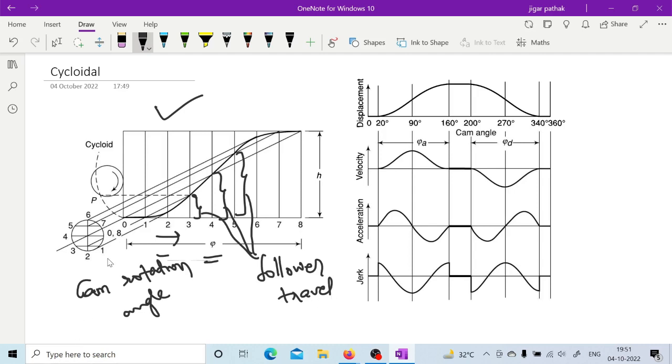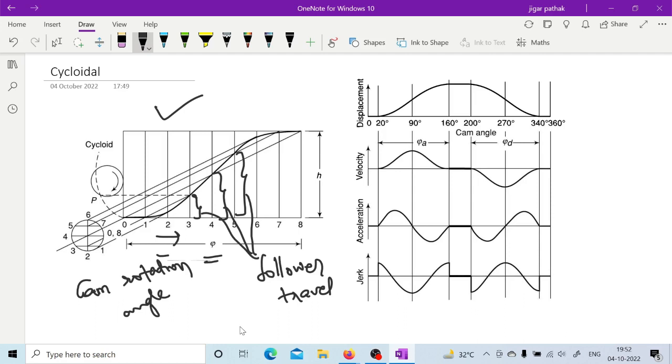Here in case of cycloidal motion, you know a cycloid, right? You have a roller rolling on a straight path without slipping. Then a particular point on that roller is going to trace a cycloid formation.